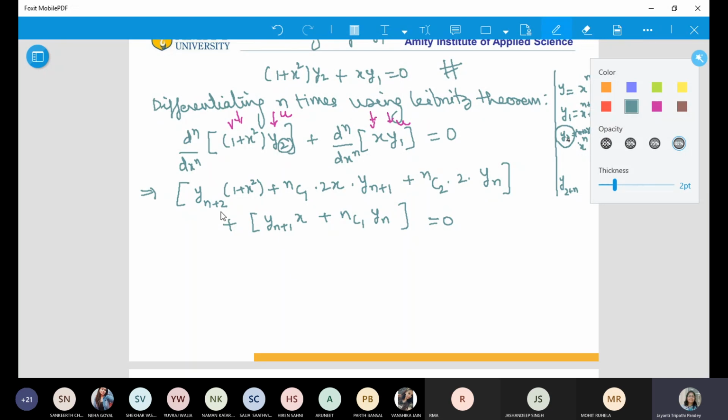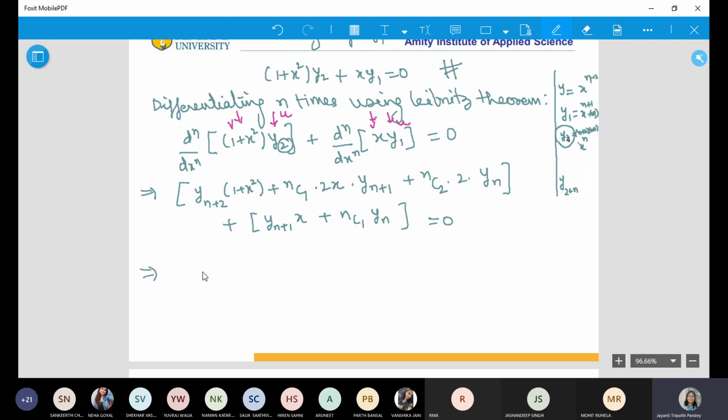Since you had y2, you got yn plus 2, and then you keep reducing using Leibniz. Here you had y1, so you start with yn plus 1, and then you kept on reducing as Leibniz theorem states. Now if you have some common factors, you collect them. yn plus 2 you are getting at just one place, so you write it as it is. Now yn plus 1, see what I am writing. nC1 gives you n, so it is 2nx, and you have x here, yn plus 1.